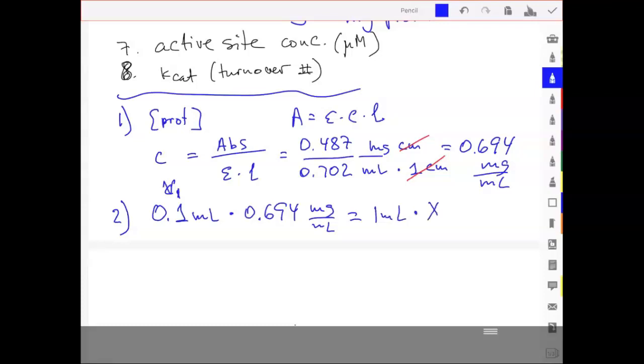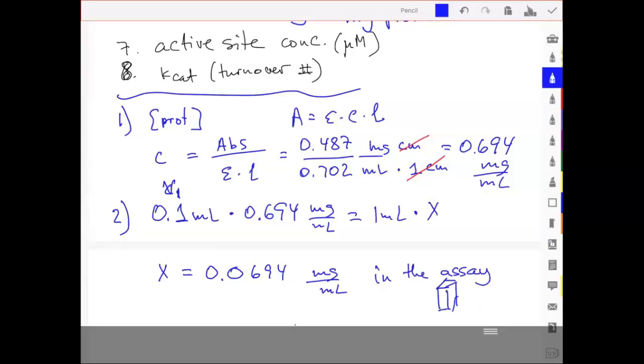So solving for X, 0.0694 mg per mL in the assay. That's our cuvette. We're doing that, and it will come in handy later.